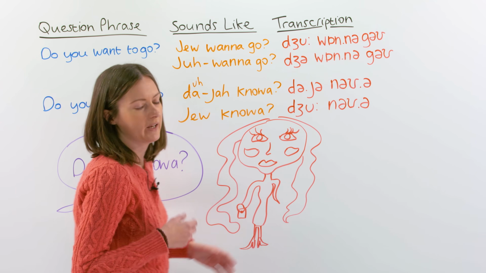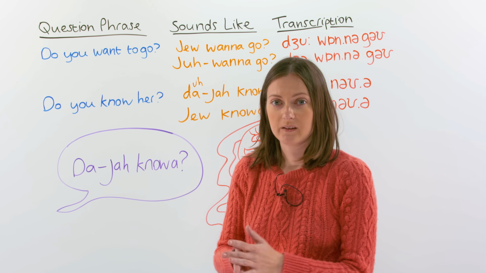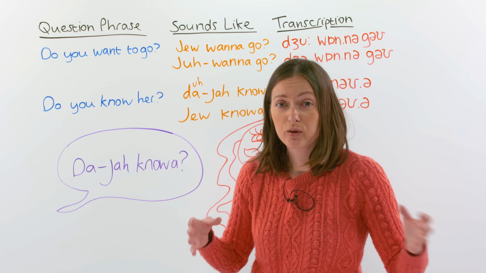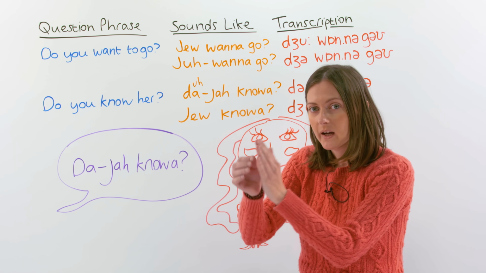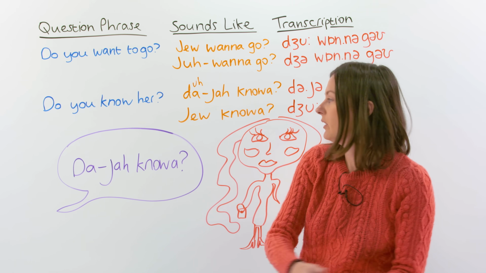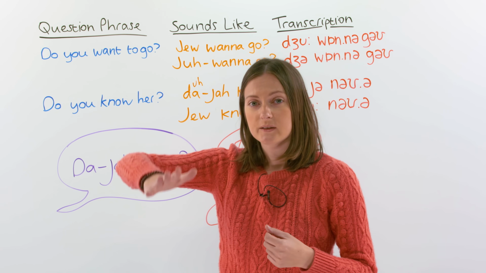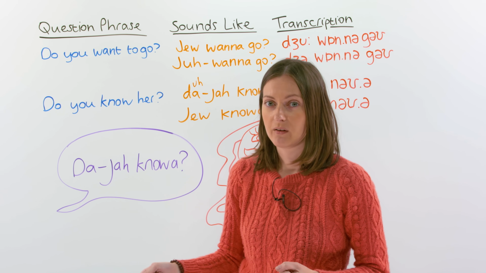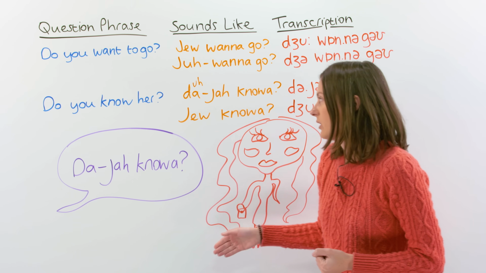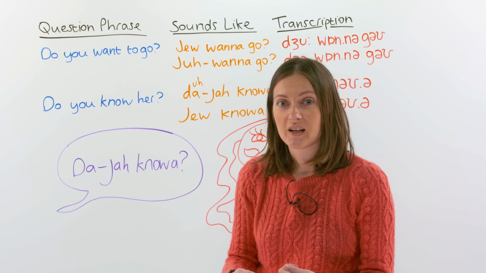So this explains why when native speakers are speaking, it seems like they're talking so fast. But actually what's happening is the words are joining up in ways so that we can pronounce them smoothly and so our sentences can flow. And what this also shows you is that there are so many differences in pronunciation.